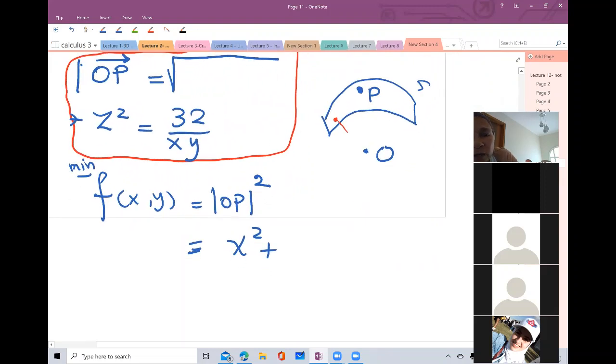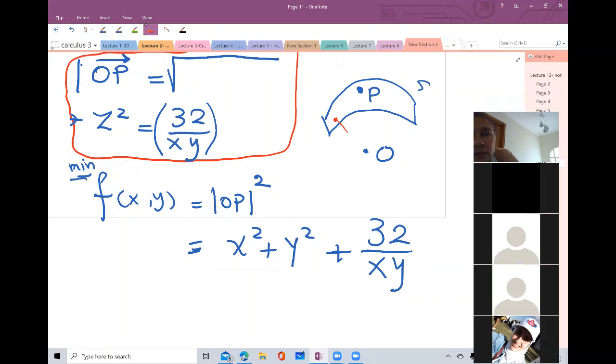So x squared plus y squared plus z squared, on the surface is 32 over xy. All I did was take this term and plug it into the equation of the distance. Now I have a function of x and y and all I need is to minimize this function. Got the idea? Instead of working with the word problem I worked with this. Now I simplified it more to this form.